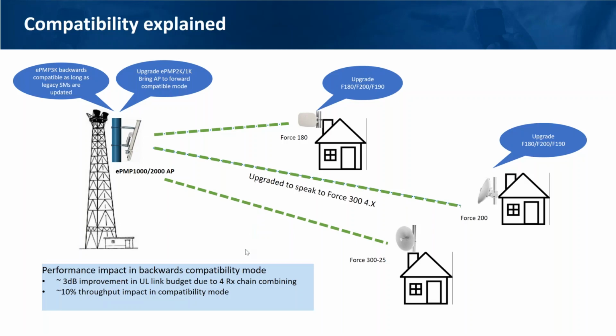Will the ePMP 3000 support the front to back feature? I believe this is, for GPS sync, we have a frequency A, frequency B situation, and yes, that is going to be supported in 3000 as well. The next question was, would there be an AC Elevate product? No, there are no plans to do an AC Elevate product at this time.